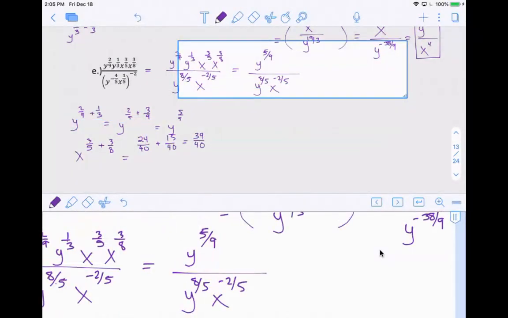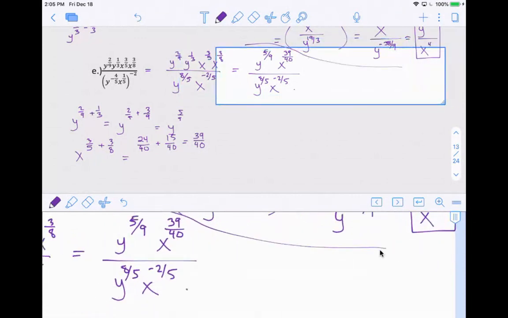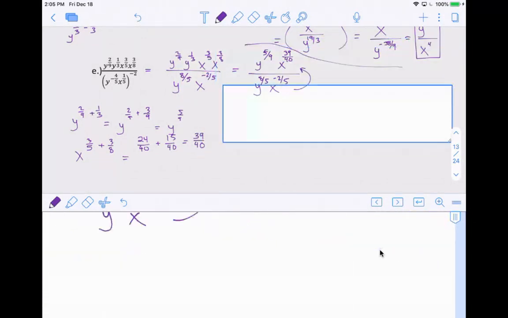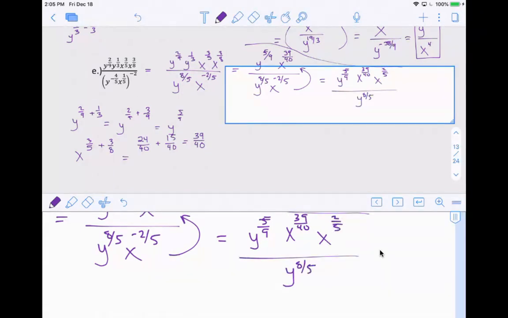Bummer. So we get x to the 39 out of 40. From there, I think we can pull that up there, and so we get y to the 5/9. You might want to be careful about how you write that. x to the 39/40, x to the 2/5 out of y to the 8/5.